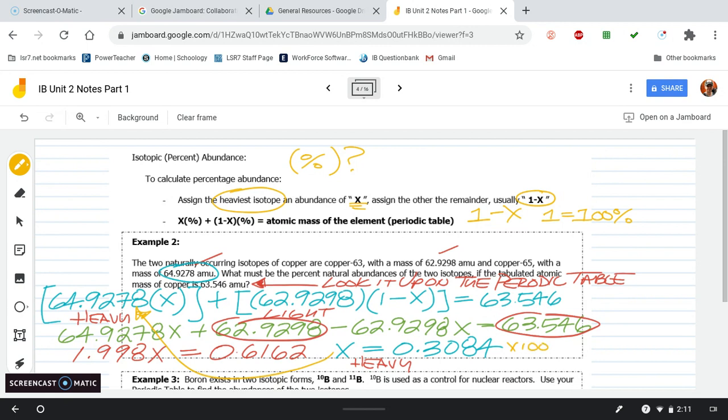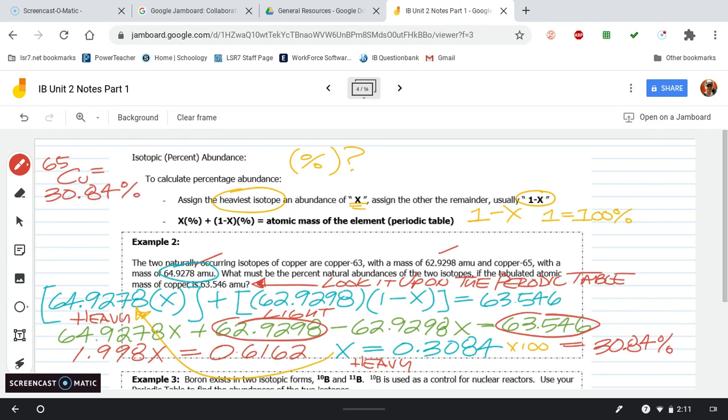So our heavy one was the copper 65. All right, so the copper 65 is the heavy one. And if I multiply this times 100, that's going to equal 30.84%.